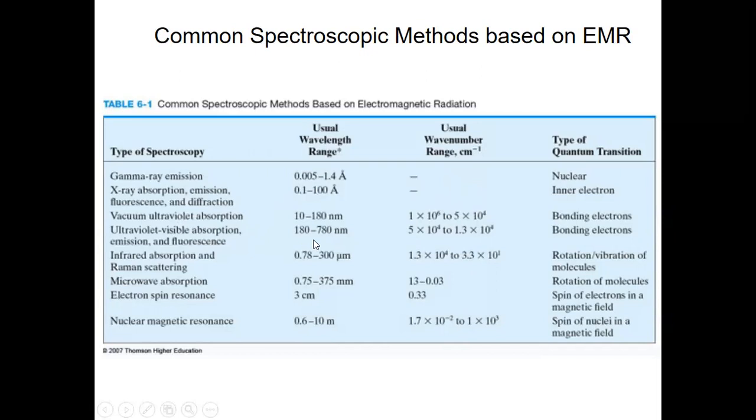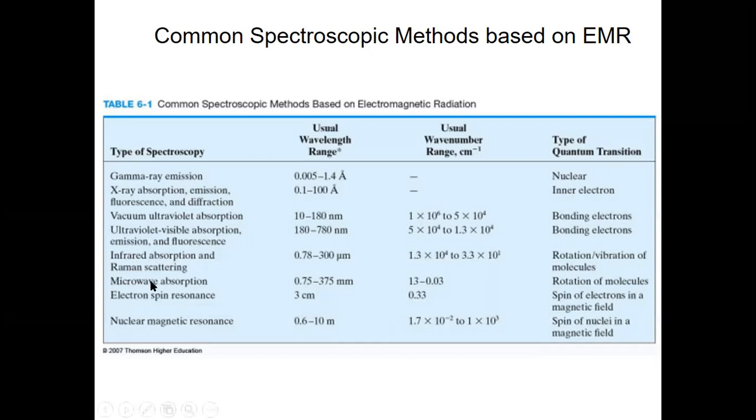So in the UV-vis, we know the quantum transitions are bonding electron transitions. We can see the bonding electron transitions in the UV-vis. And when it comes to IR and Raman, IR is absorption, Raman is scattering. We will discuss this in detail. IR and Raman are associated with the rotation or vibration of the molecule.